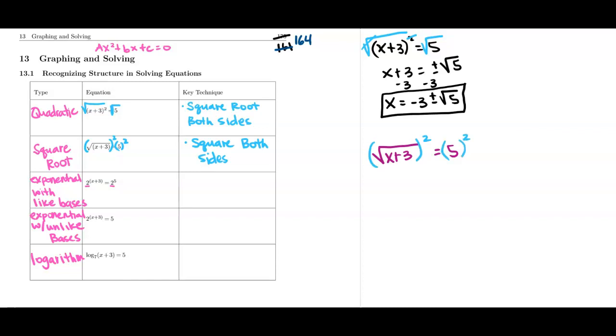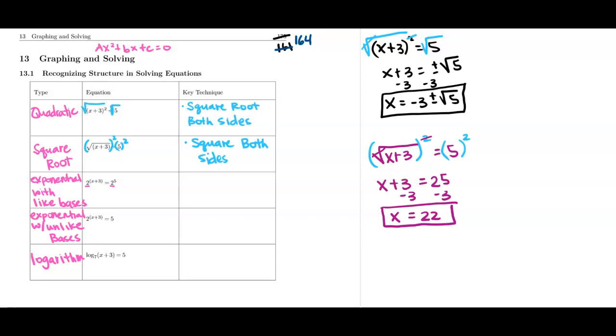All right, and then the square root and the square undo each other, so that leaves me with x plus 3 equals 25. All right, and now to get x by itself, I just need to subtract the 3 over. All right, so you're just thinking, how can I get this x to be by itself there? Okay, so square both sides on this one.